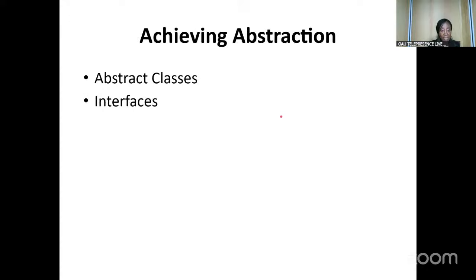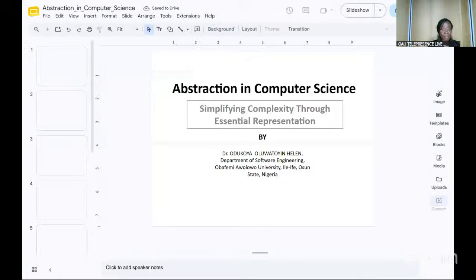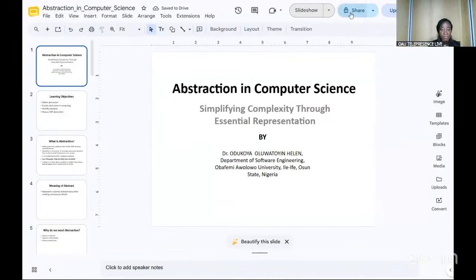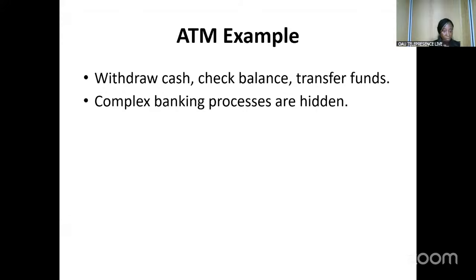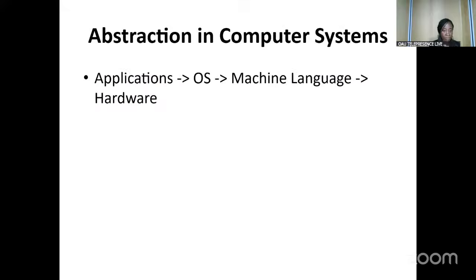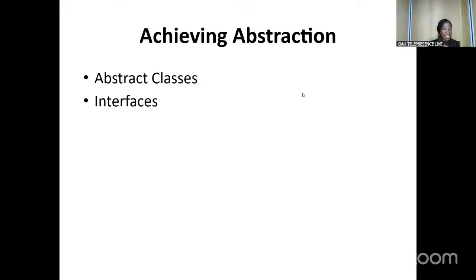How do you achieve abstraction in OOP? We use abstract classes, interfaces, classes, methods, and objects to achieve abstraction in object-oriented programming.